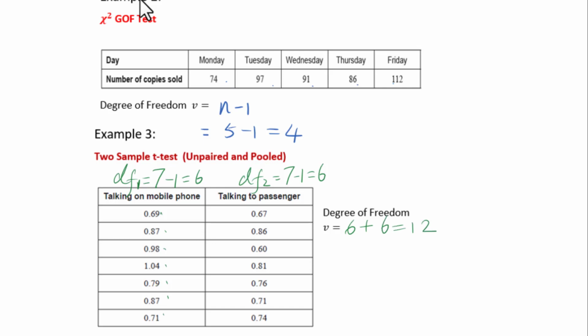For 2 sample t-test, we just check whether the population means are the same or not. Therefore, the formula of degree of freedom of two-sample t-test is n1 minus 1 plus n2 minus 1, which equals n1 plus n2 minus 2.